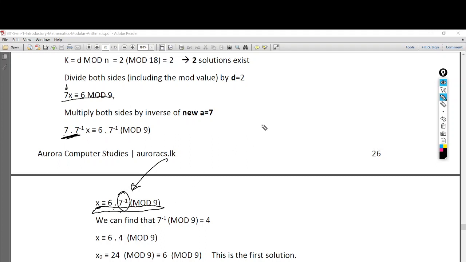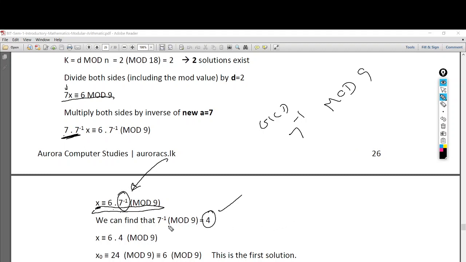So using the GCD approach or the multiplicative factorizing approach, you have to find the inverse of 7 in mod 9. We already explained how to find those, using the Euclidean approach or factorizing approach. You will find that the inverse of 7 in mod 9 is 4.